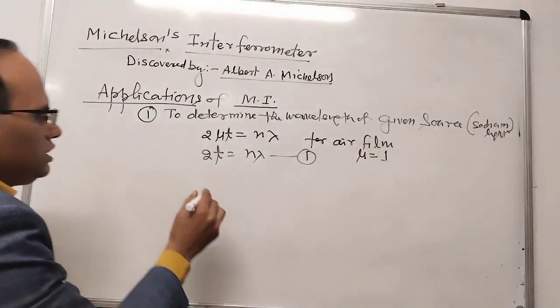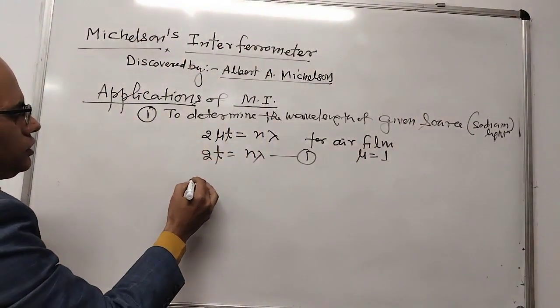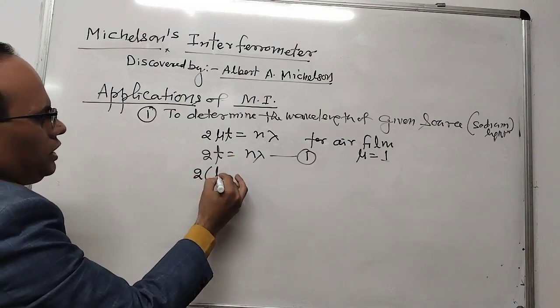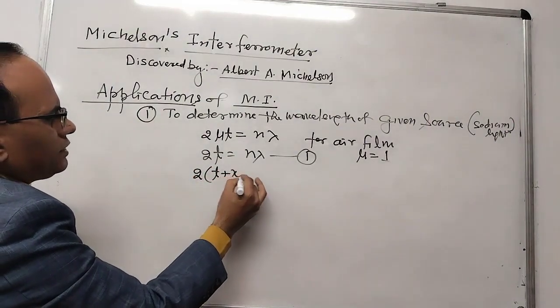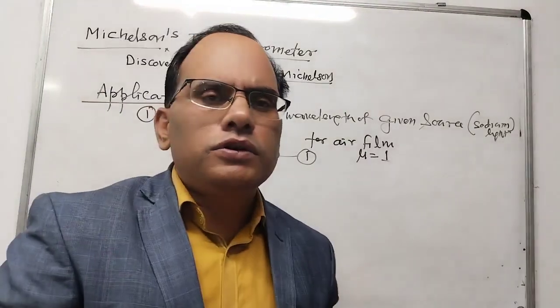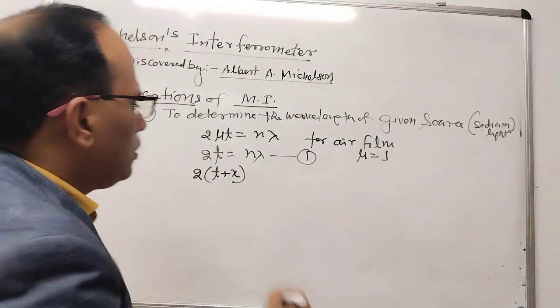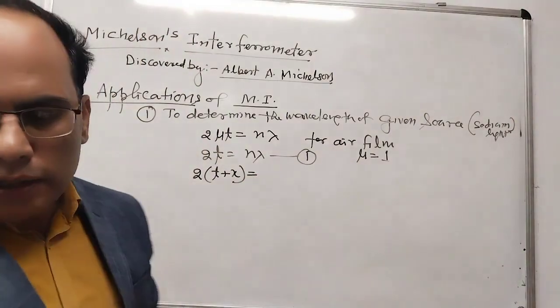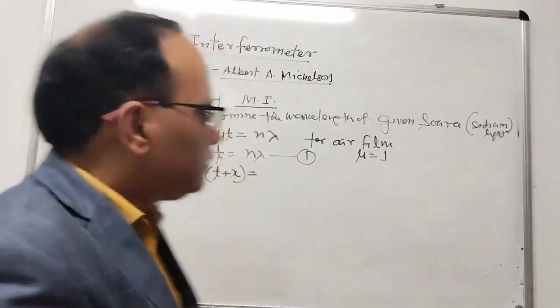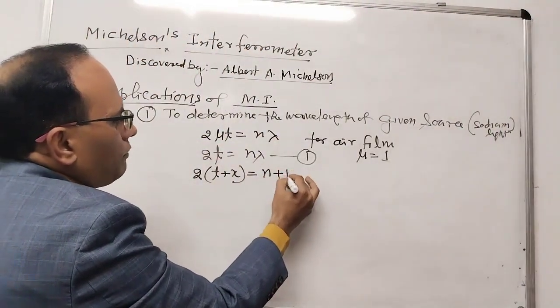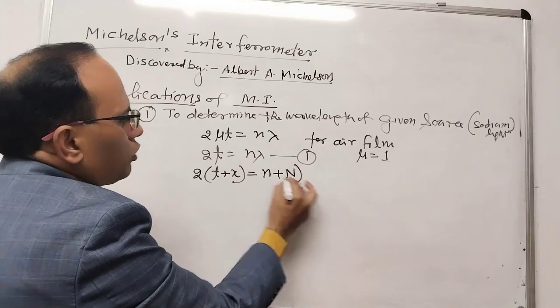Suppose t is the thickness of that film and some distance x is moved, that is t plus x, and in that distance suppose n small number of fringes cross the field of view.